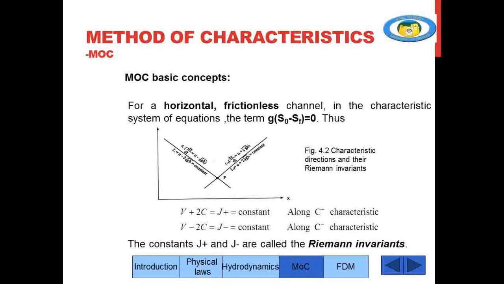So we express v plus 2c as J plus and v minus 2c as J minus, and we call these constants Riemann invariants.